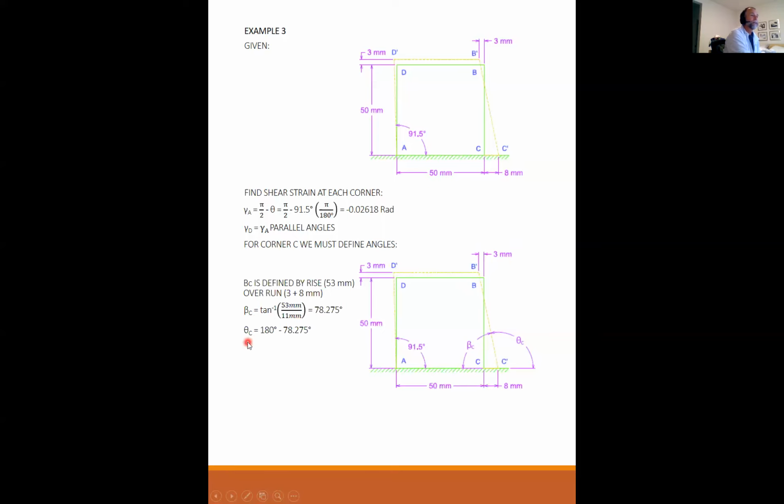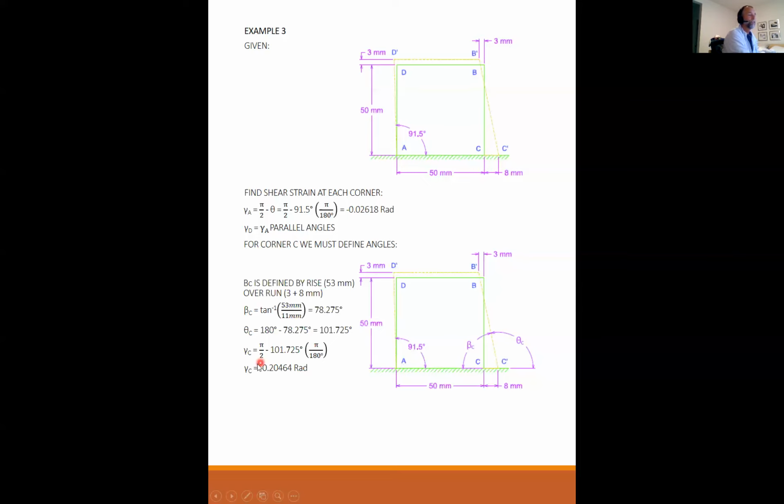Theta C then is 180 degrees minus 78.275, which is 101.725 degrees. So gamma C is pi over 2 minus 101.725, convert it to radians, and I get minus 0.02464 radians. The math comes out negative, and the whole block's being shoved to the left, so it should be negative.